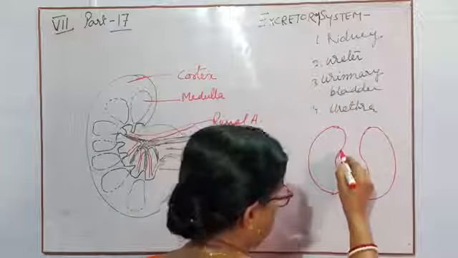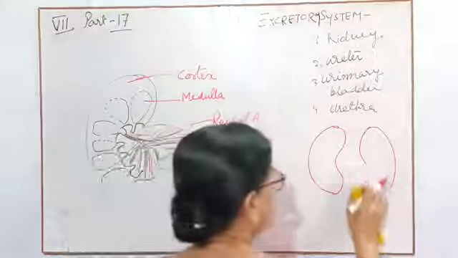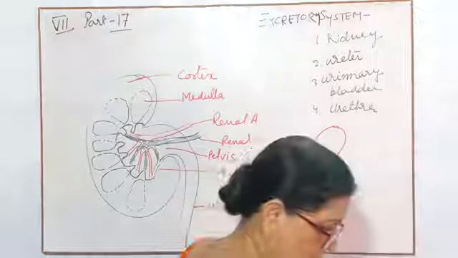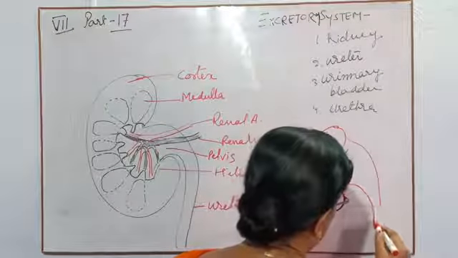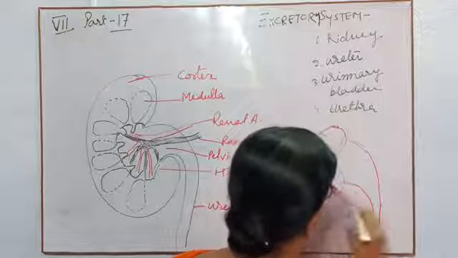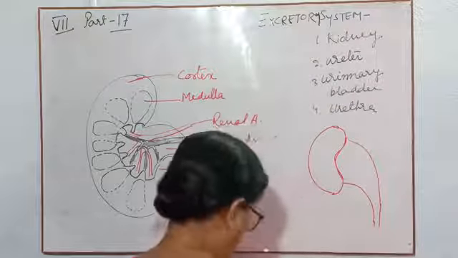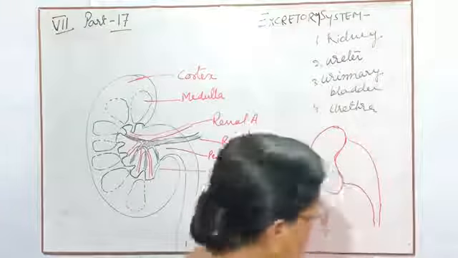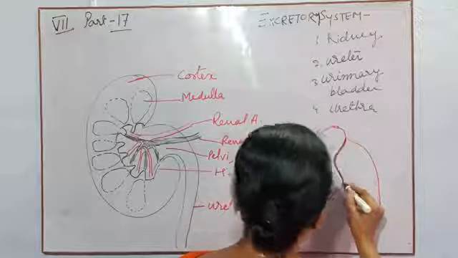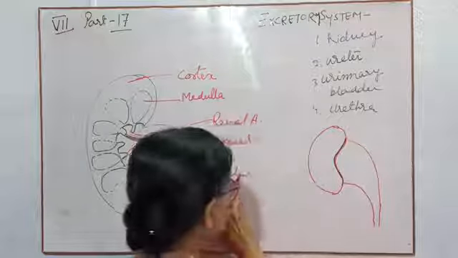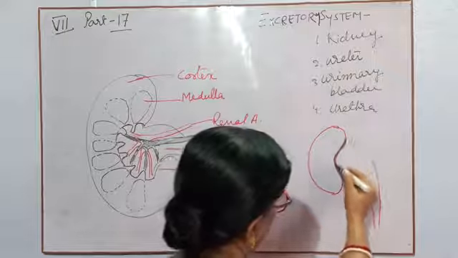And from this kidney, this is the concavity of the kidney, and the concavity has a separate name, it is called the hilus, where I drew here with the black color.